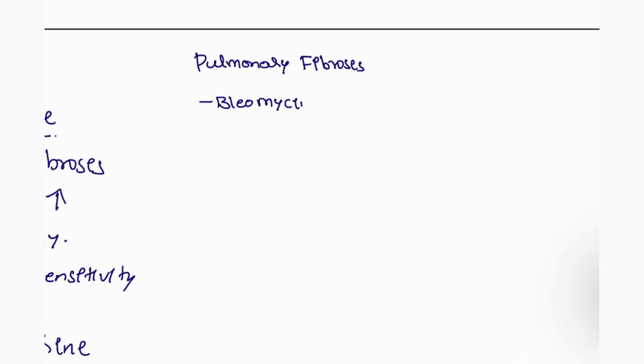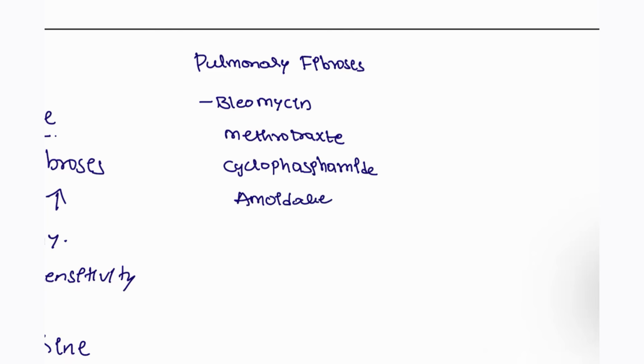It can be associated with bleomycin and methotrexate, methotrexate and cyclophosphamide, amiodarone, busulfan, and nitrofurantoin. These are the drugs that will be seen with pulmonary fibrosis.